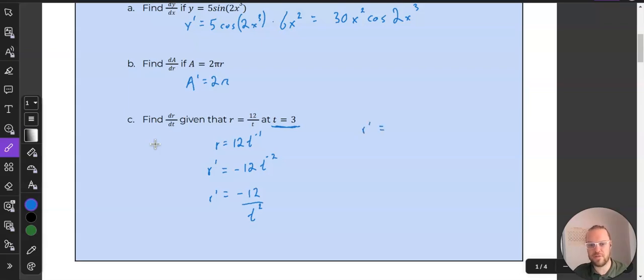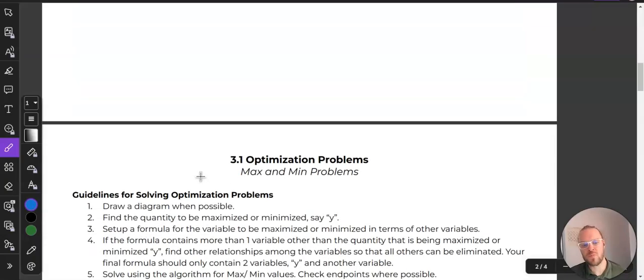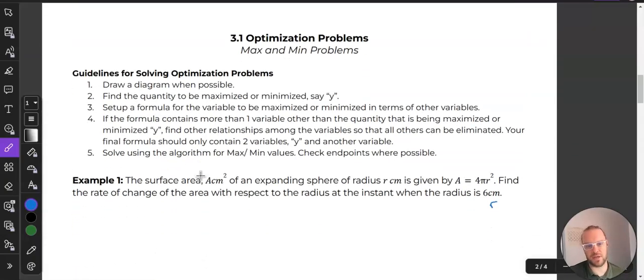So that means that we're going to find the rate that the radius is changing with respect to t, probably time, when time is 3. So we're going to get negative 12 over 3 squared, which is negative 12 over 9, or more simply, negative 4/3.